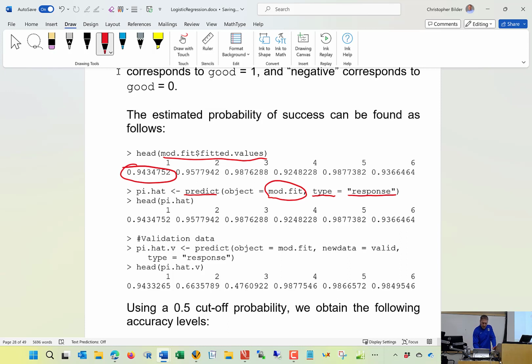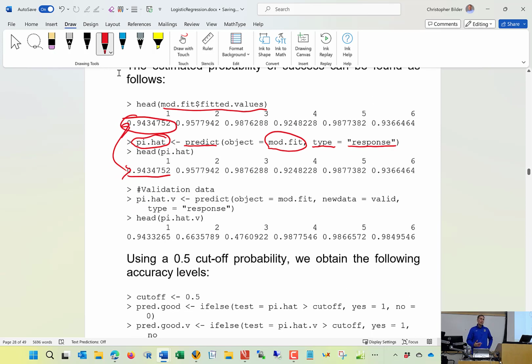Let's say I put the results into an object called pi.hat, because this gives me my pi hats. And we can see that for the first observation, indeed, I get exactly the same result as I had previously. For the first 6 observations, they're all going to be predicted as successes if I use a cutoff probability of 0.5.